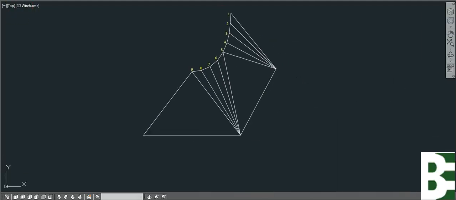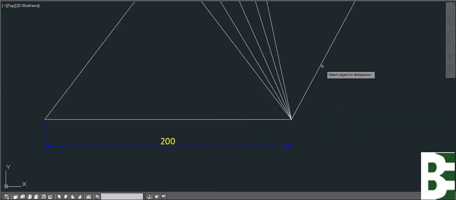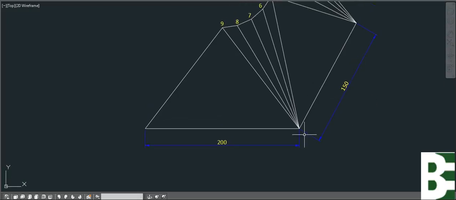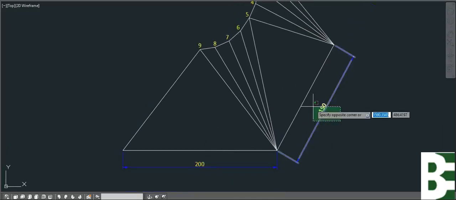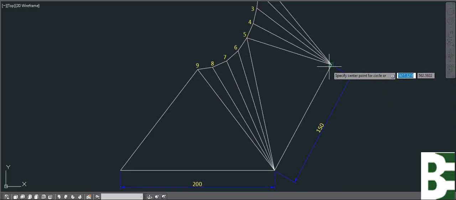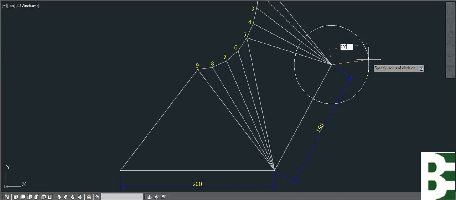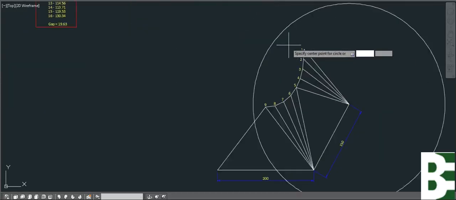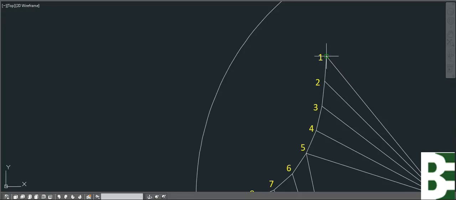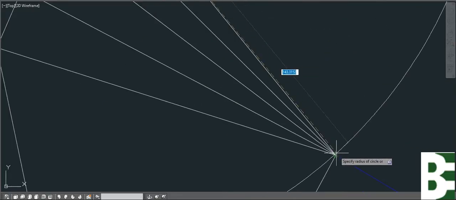This 200 horizontal and the other side is 150. Now if I draw at my right side again, now it's done for 200 millimeter, this straight length. So I will draw a radius of 200 millimeter from here. And for number 1, the other side is also number 1, both are same.